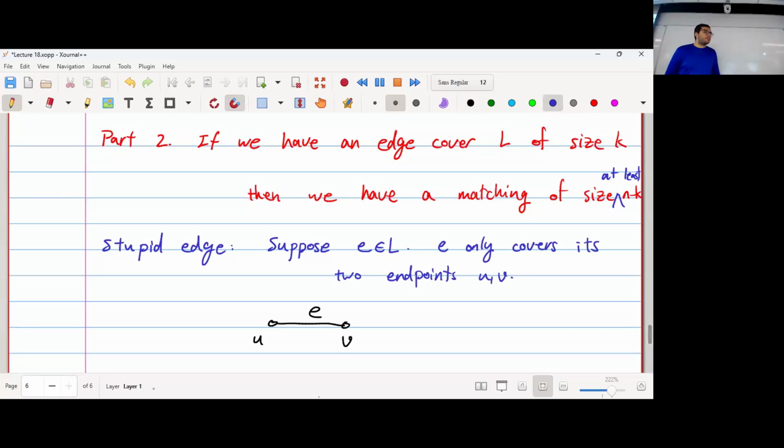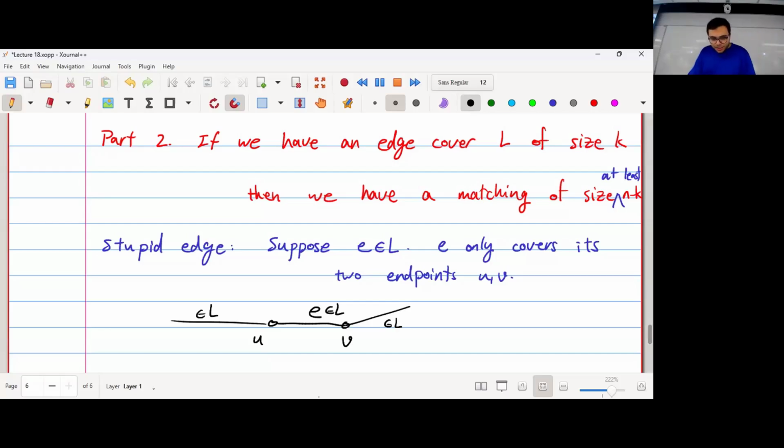Now, suppose that both of these endpoints are already covered by something else. So suppose that this E was in my edge cover, but there is another edge here which is also in my edge cover, and there's another edge here which is also in my edge cover. So in this case, I don't need E, because E is covering things that were already covered by the other edges. I can just remove it.